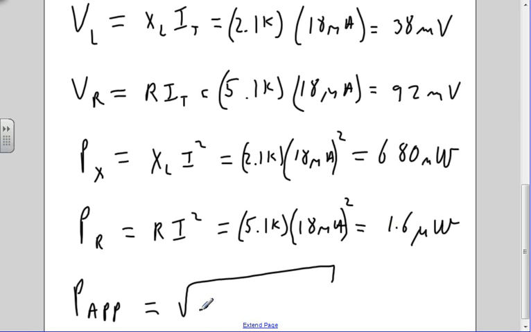Alright, so I've got 0.68 microwatts squared plus 1.6 microwatts squared, square root, equals 1.7 microwatts.